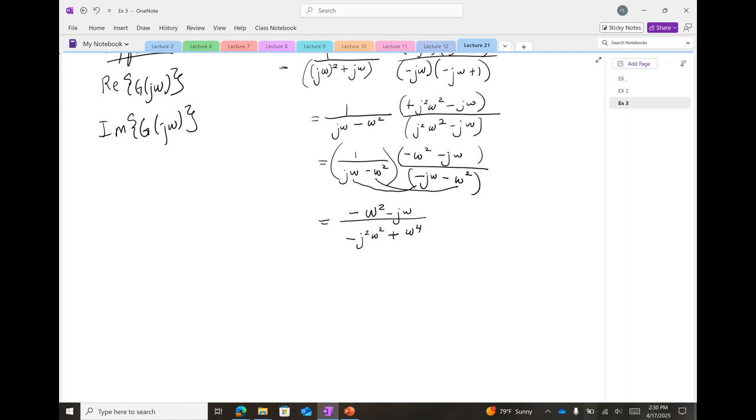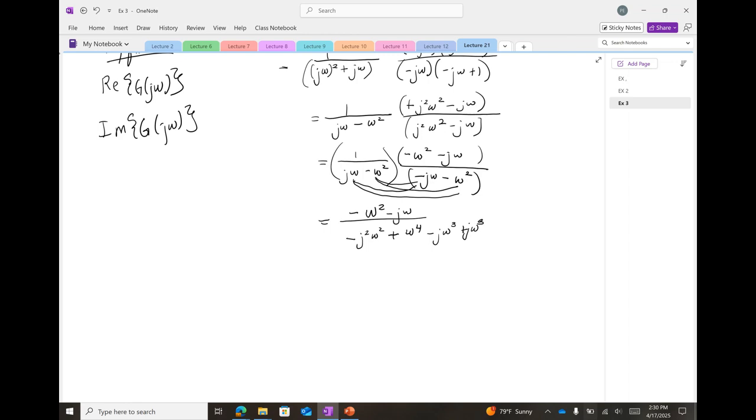Now let's do j omega times minus omega squared. So we get minus j omega cubed, and then we get minus omega squared times negative, so this becomes a positive j omega cubed.